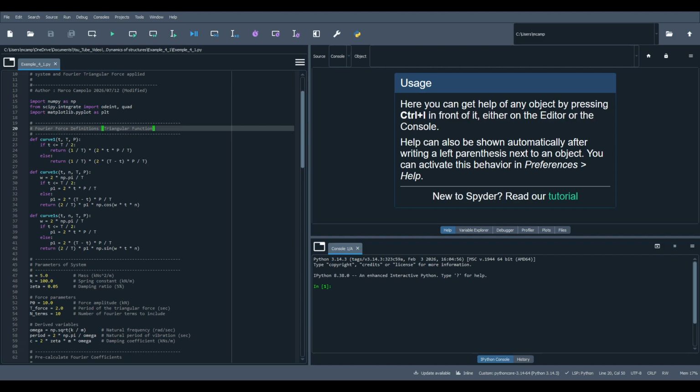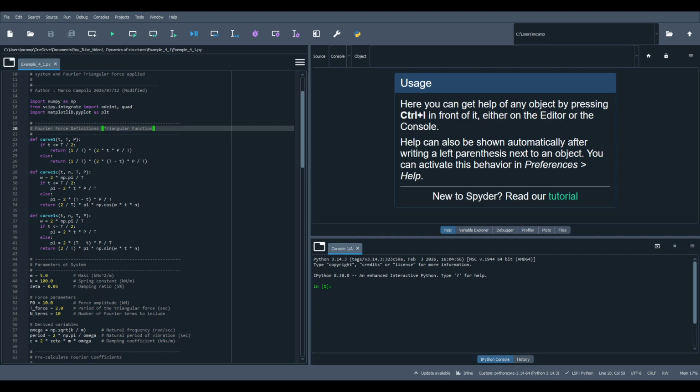After defining curve 1c, define the function to calculate an, the part multiplied by cosine, the Fourier coefficient. So w is equal to 2 pi divided by T, which calculates the fundamental angular frequency.